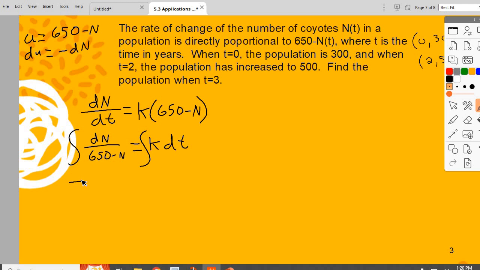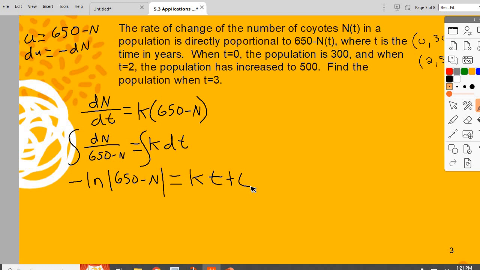The antiderivative of 1 over u is the natural log of the absolute value of u, and here u was 650 minus N. Then the antiderivative of k with respect to t, since k is a constant, is kt. And then we do have to have a plus C.